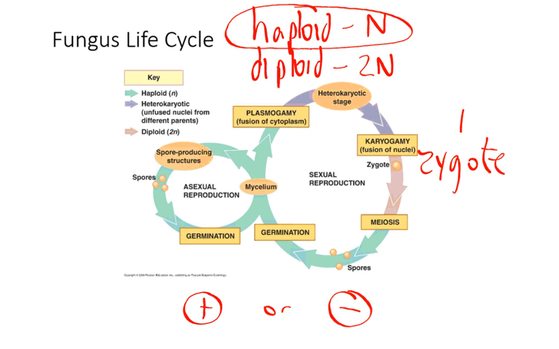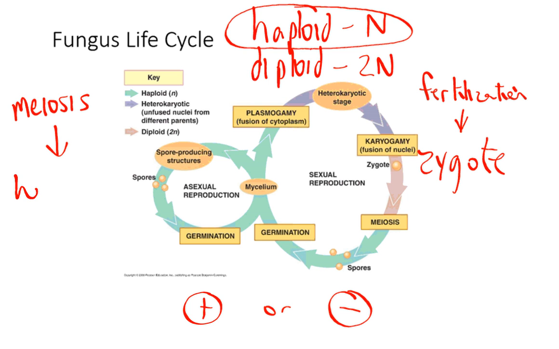And this is made from the process called fertilization, which is essentially one haploid cell combining with another haploid cell to make this diploid zygote. In order to make the haploid cells, there's a process called meiosis, which makes the haploid cell.